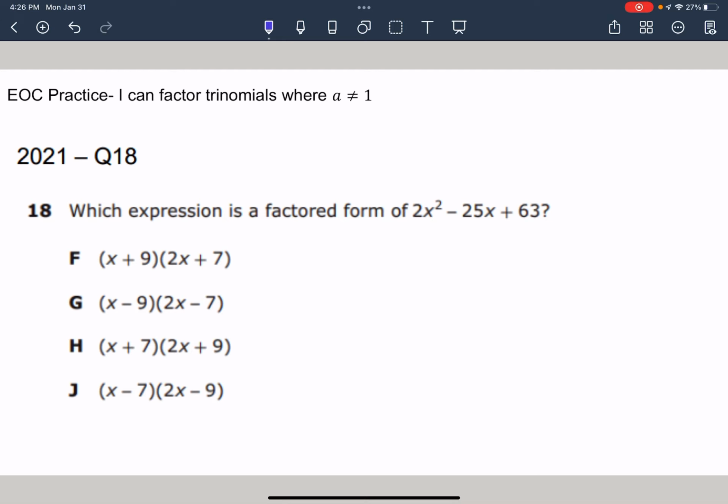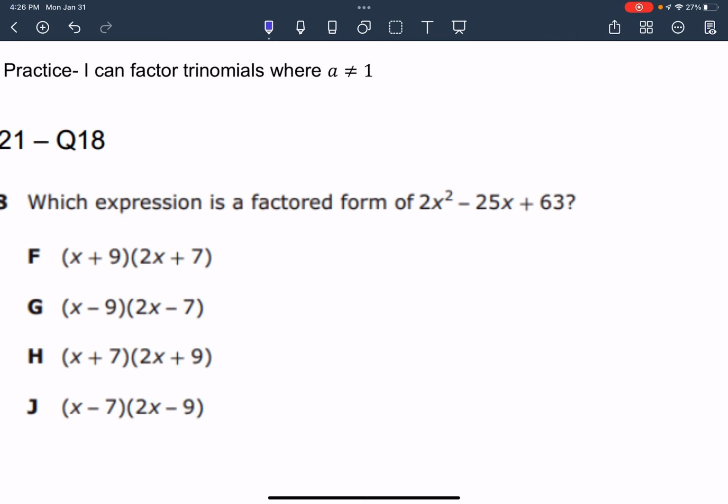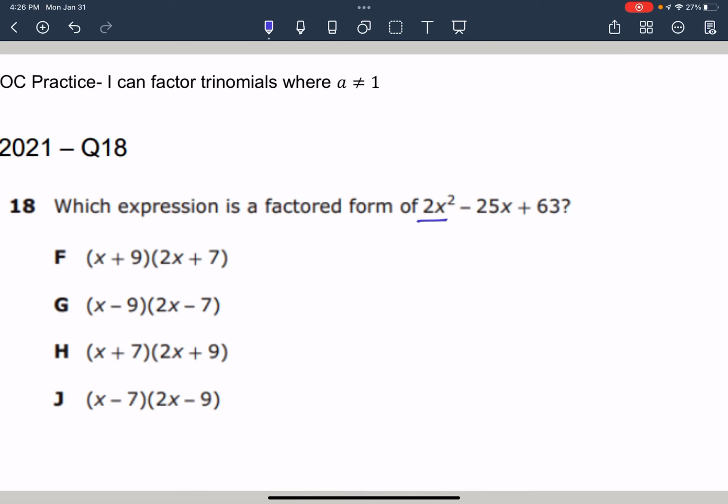Which expression is a factored form of 2x squared minus 25x plus 63? Remember, once again, you're going to multiply a and c. So you get 2 times 63, which equals 126. And so we need two factors of 126 that are going to add up to negative 25.